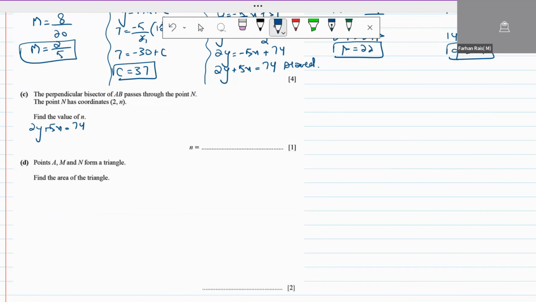And this 2, n is a part of this line, so we can always substitute the coordinates in the equation of the line. In place of the y coordinate, it's n, so 2n plus, in place of the x coordinate we have 2, so 2n plus 5 into 2 is equal to 74.